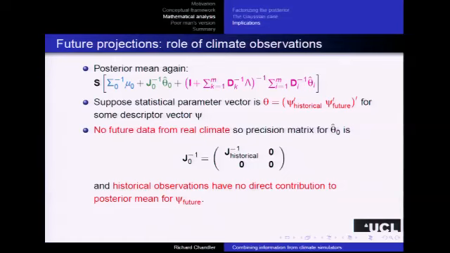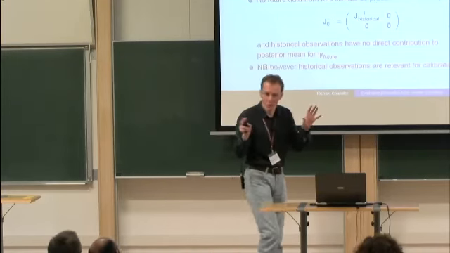For example, the historical observations make no contribution, are uninformative about the future. Okay, which means that the precision matrix from the observed component has a 0 in for the future part there. I will point out though that historical observations are relevant for calibrating the model, for estimating the J's and the C's and things like that. So it's not like they're completely useless.